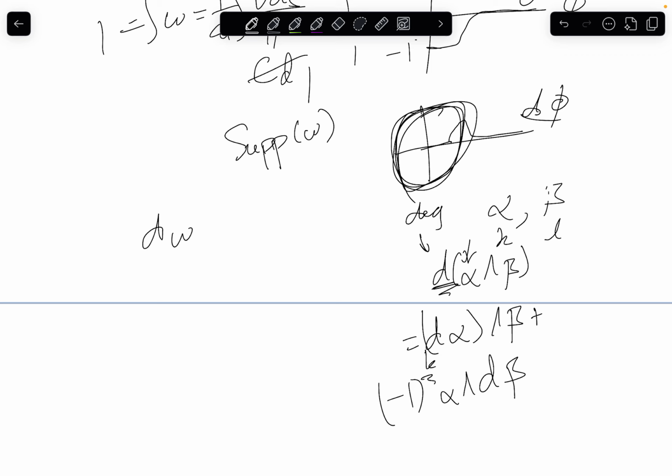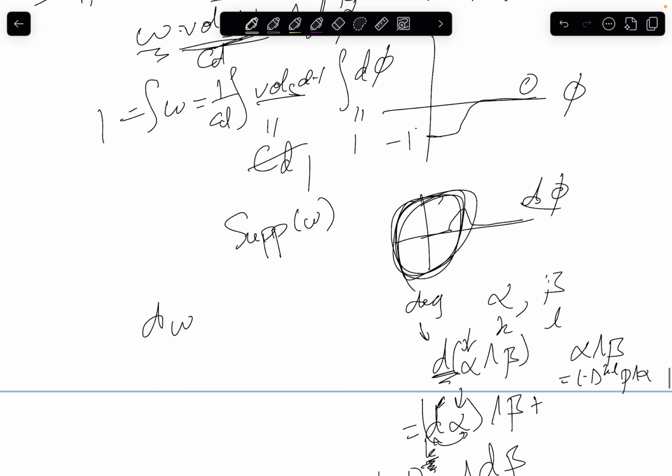So you can do the explicit computation and check that this is true. This is generally called something like the Koszul sign rule. It's related to the fact that alpha wedge beta is equal to -1 to the power of K L beta wedge alpha. So you should think about the fact that when you swap alpha and d, you pick up a factor of K because this is degree 1 and this is degree K.